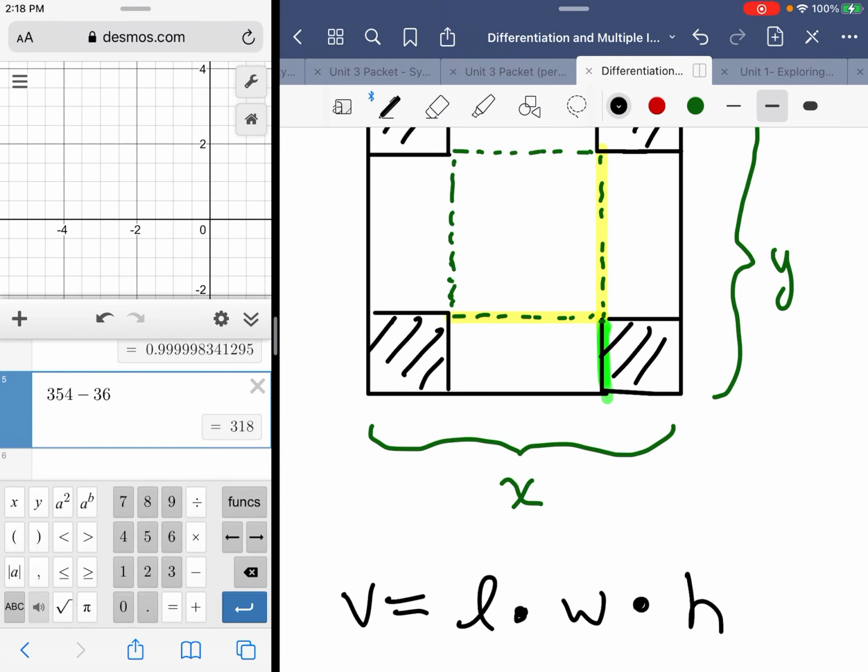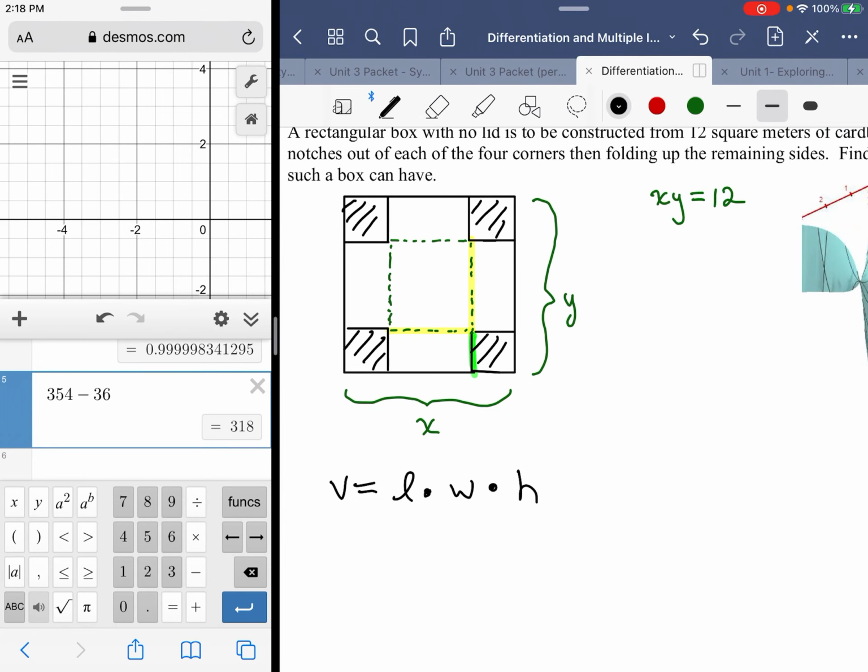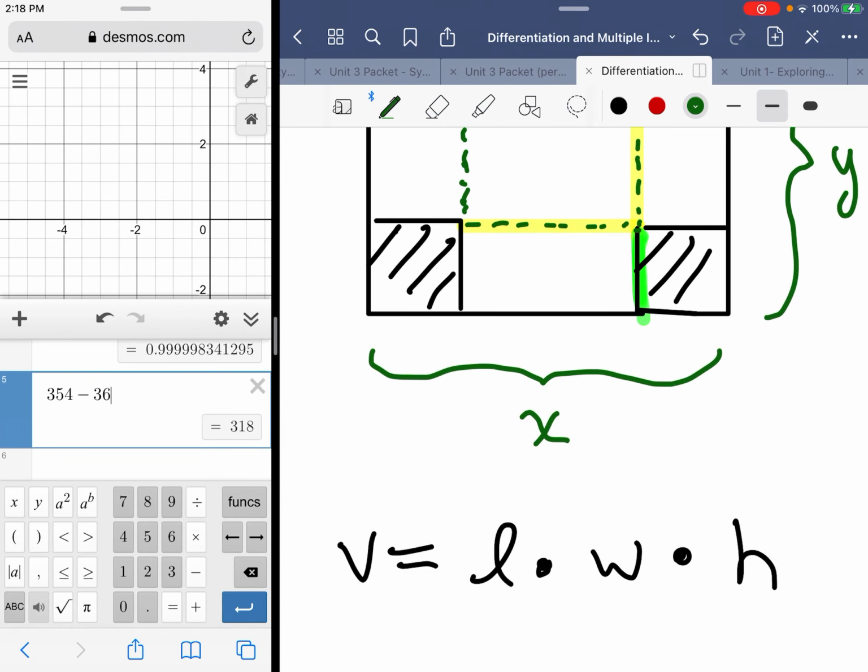All right, so we have that relationship, x times y equals 12, which means that x is equal to 12 over y, and y is equal to 12 over x, either one. So immediately I can swap out one variable for another, which is great. But I still need another variable to represent the length of the side of a square, so I'll call that z.